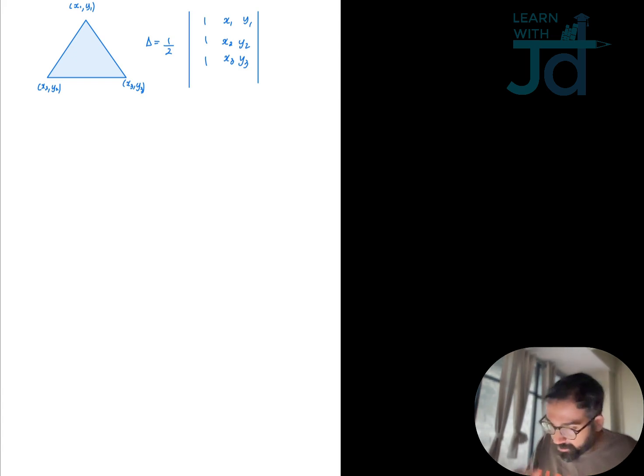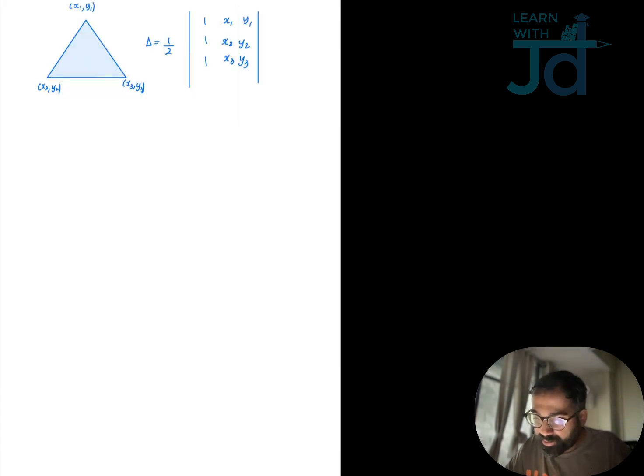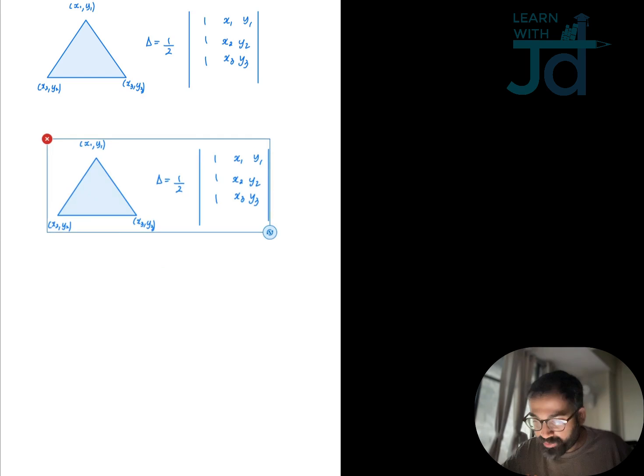Okay. So in this same problem, we have the area of a triangle whose vertices are this, and the area is 1, and the area of another triangle whose vertices are like this, and the area is 4. I'm just repeating this, copying it out so that you get the idea.